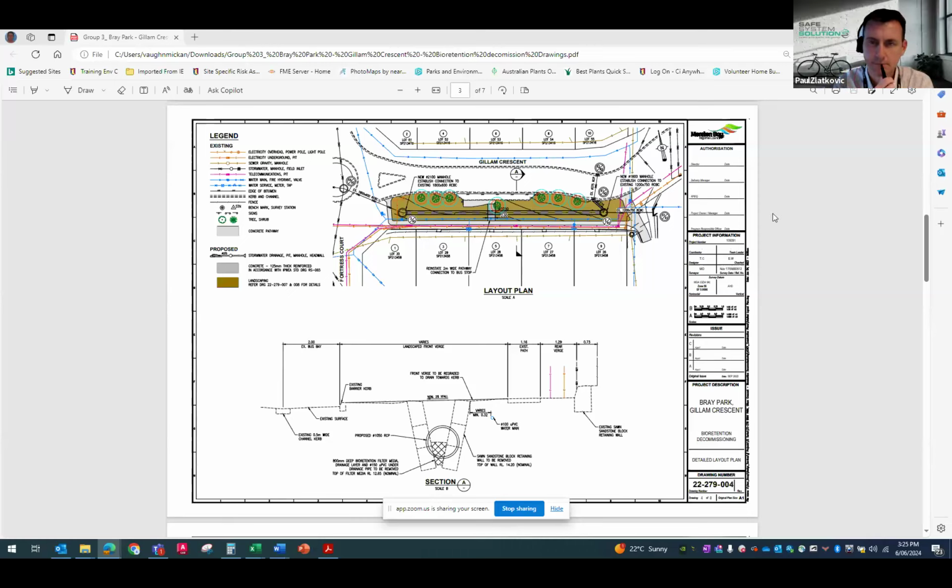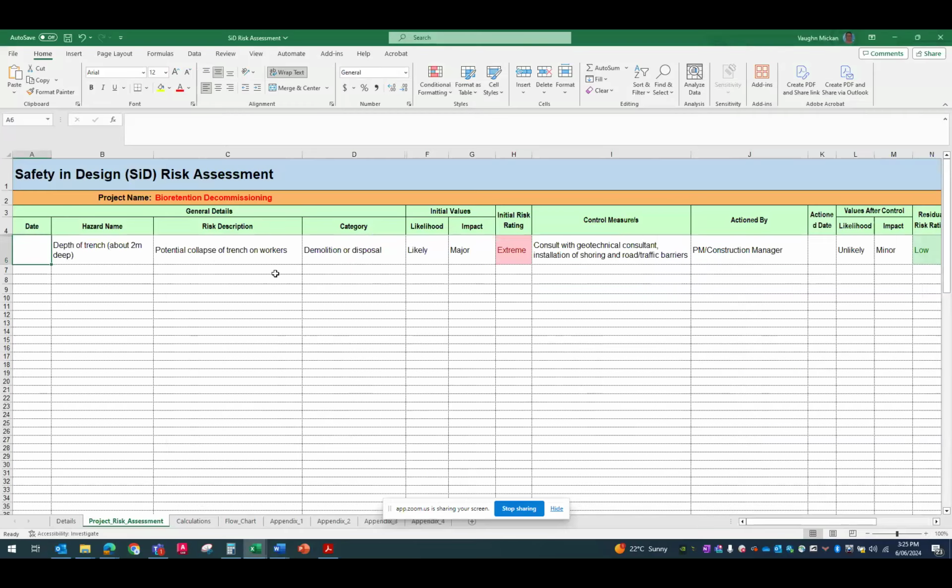So here's a quick snip of the project, but it's decommissioning the bioretention. So removing the sandstone block retaining wall and putting in a pipe underground. The risk that we identified was the depth of the trench, which is about 2 meters. So there's a potential for collapse of the trench on the workers.